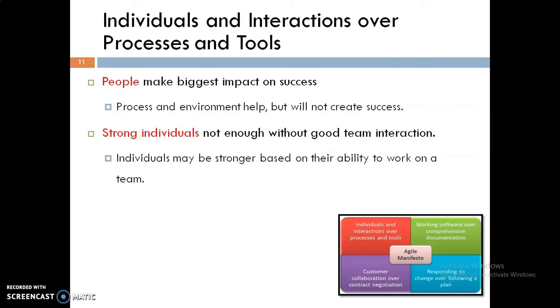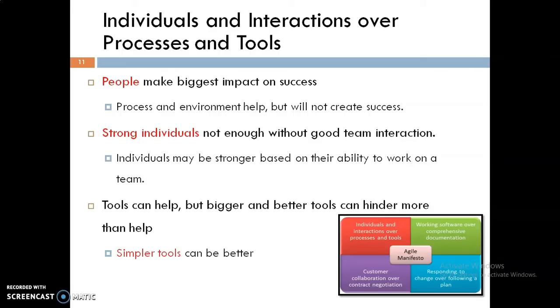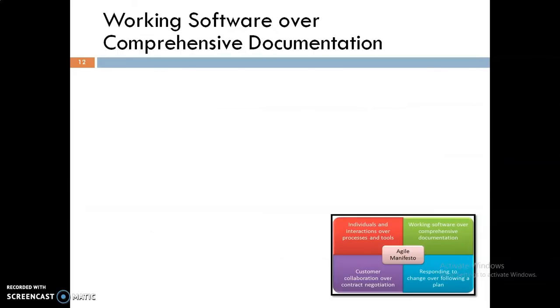There should be good interaction within a team to make the product successful. Also, in deciding tools, the focus is on a simpler tool which will help complete development tasks in a shorter period of time in a better way, rather than considering a complex tool.